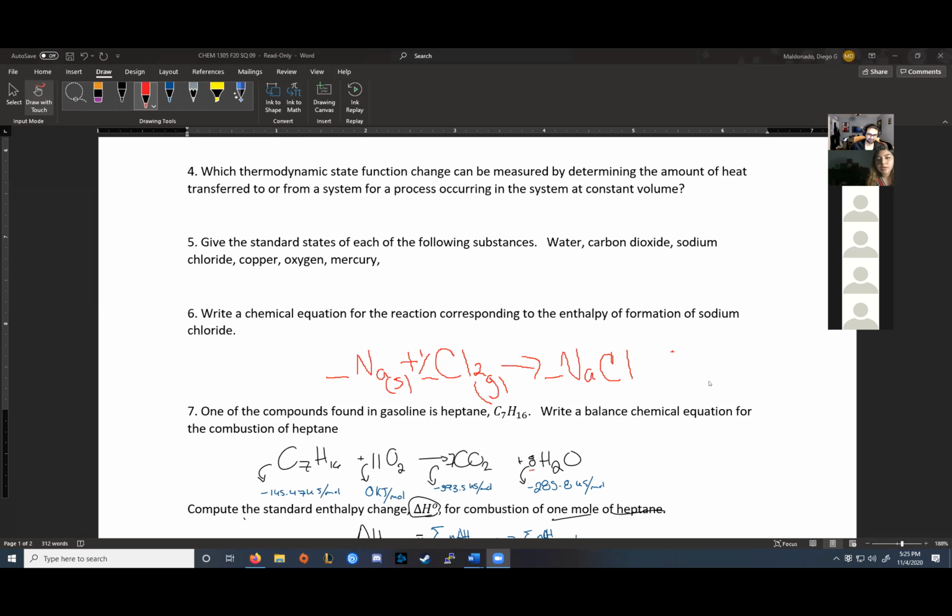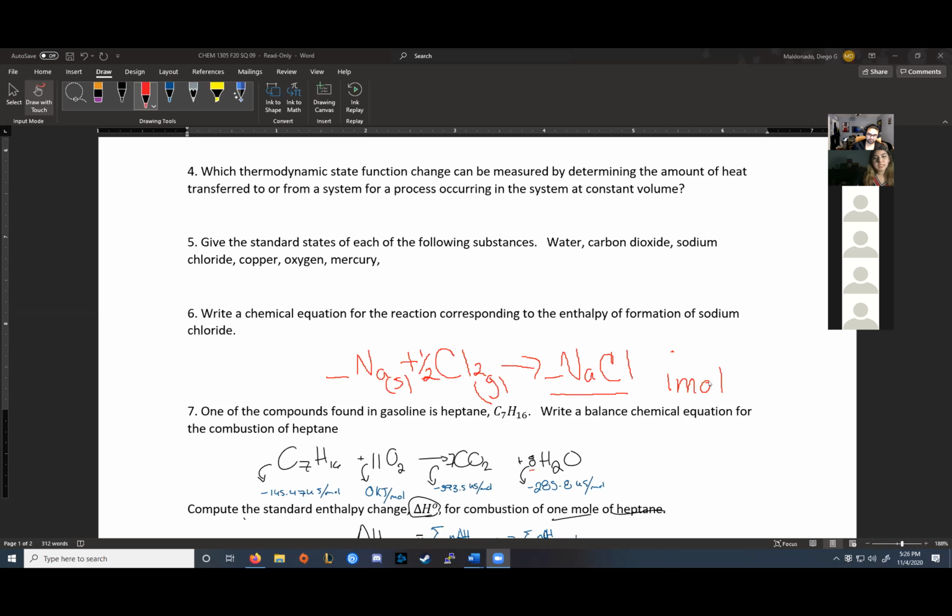So the reason it wouldn't be 2 is because with a reaction that we want to find the enthalpy for, our product, we always want there to be 1 mole of it. When dealing with your enthalpies, it'll be a little bit inaccurate if we have more than 1 mole of it. So our goal is to have 1 mole.